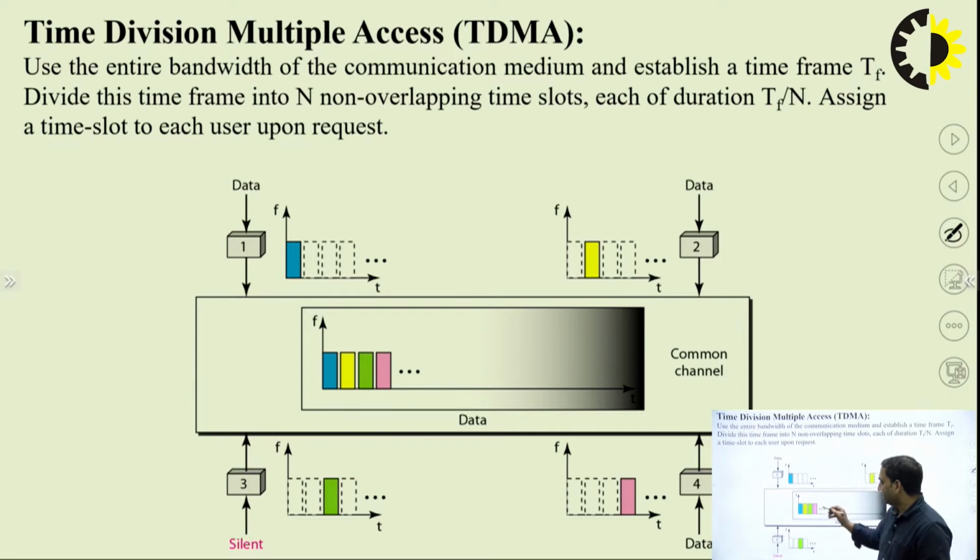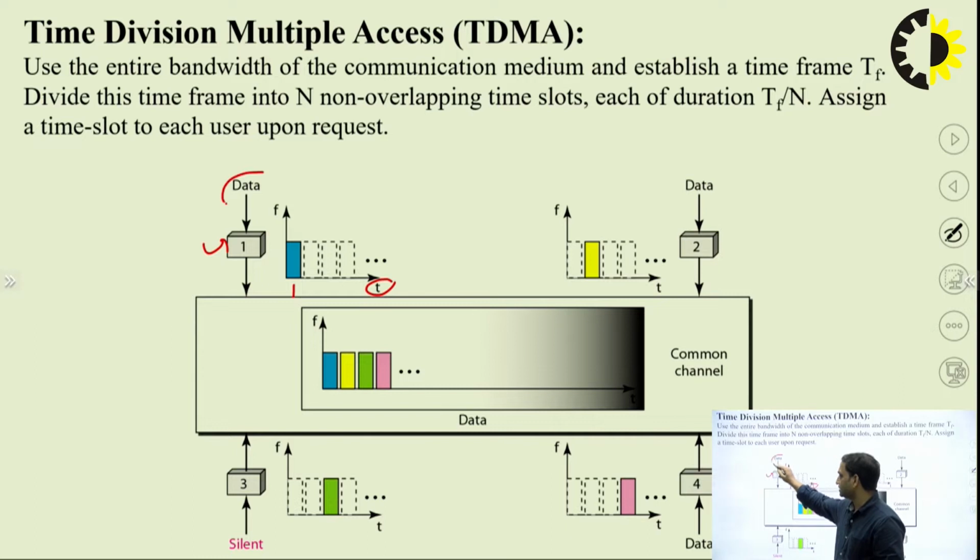So here we have divided this complete time frame into slots. This is slot number 1, and user 1 is sending this data by using one set of frequency. So this frequency is f only, right. At this frequency the data is modulated and transmitted at time slot 1.